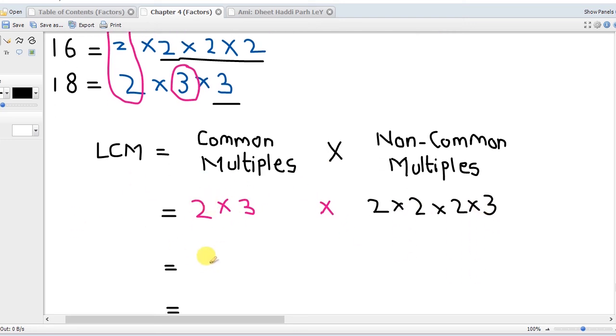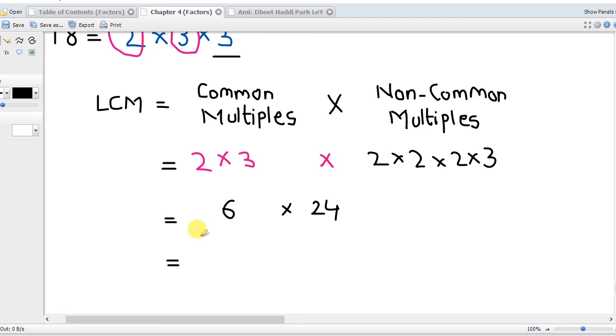Now we just need to multiply all these numbers. So this will give me 6 times 2 times 2 is 4, 4 times 2 is 8, and 8 times 3 is 24. And 24 times 6 will give me 144. So this is our final answer.